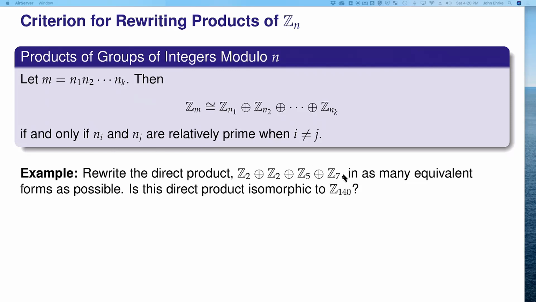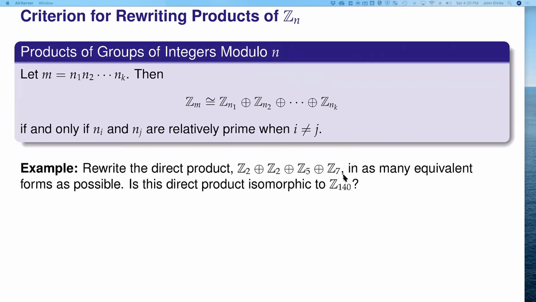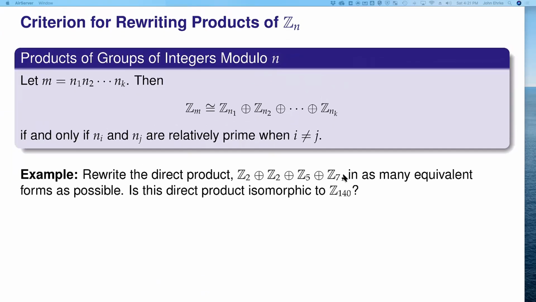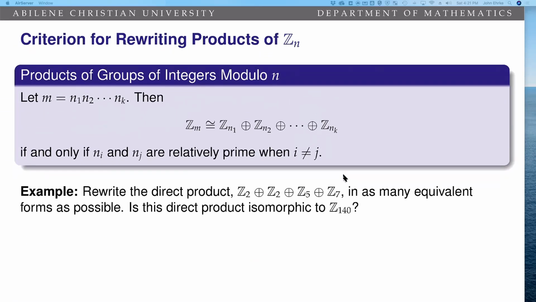So a couple of things here. Each of these individual groups, because they are the additive group of the integers modulo n, is cyclic. Z2, Z2, Z5, Z7, all of these are cyclic.